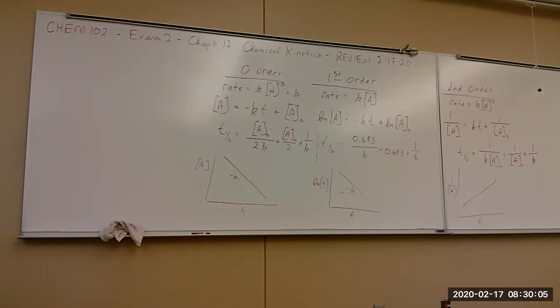We might be ready to actually do a problem involving initial rates, the method of initial rates. So let's do that next. Let's not do number 1 first, because it incorporates discussions of mechanism. So let's go to number 2. Number 2 would be a better choice for just looking at the method of initial rates.